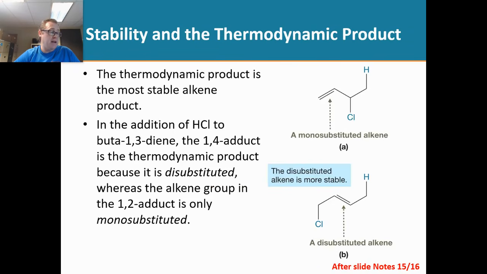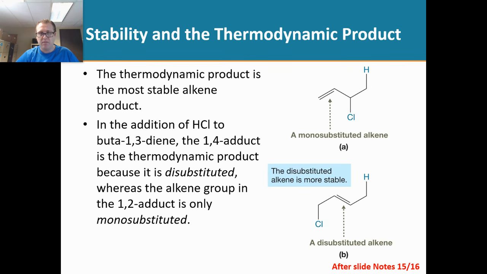This slide is highlighting the fact that disubstituted alkenes are more stable than monosubstituted. I already talked about that. Do you recall from Orgo 1 why that is the case? I'll tell you the one-word answer.